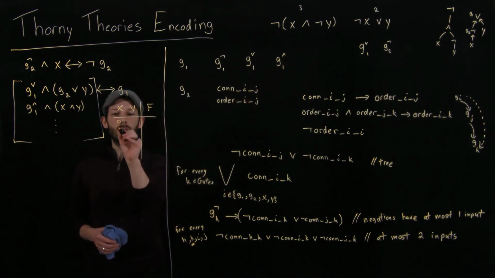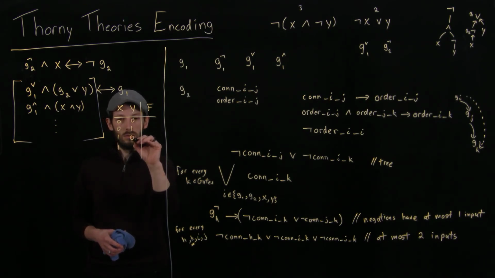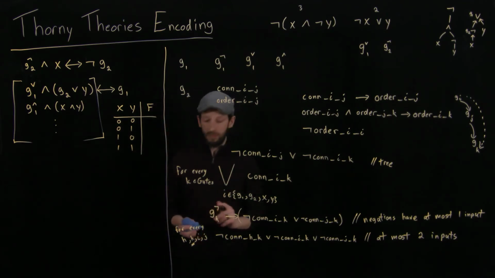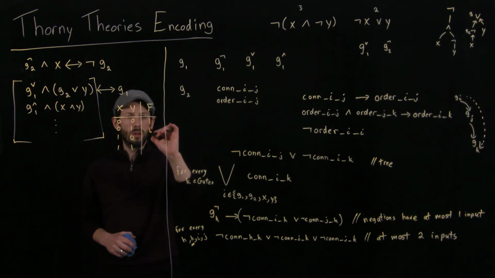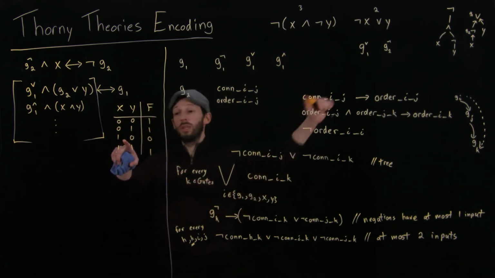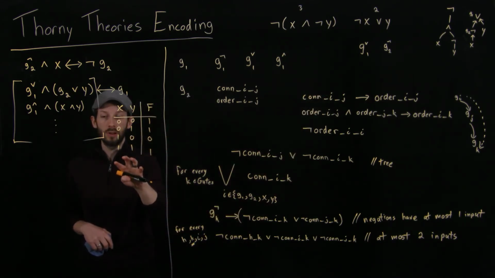And so if I write out my truth table, 0, 0, 1, 1, 0, 1, 0, 1, right, what do we have here? I believe it's 1, 1, 0, 1, 1, 1, 0, 1. So the only time it's false is when X is true and Y is false. Yeah, so this is the truth table that we're trying to capture.